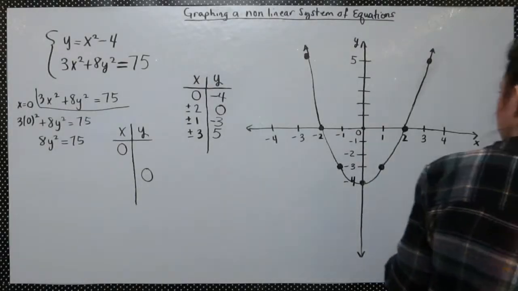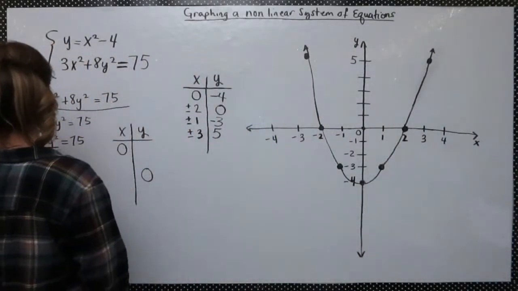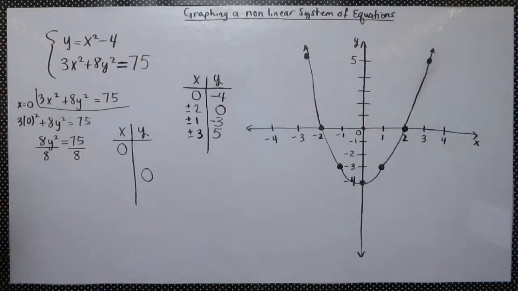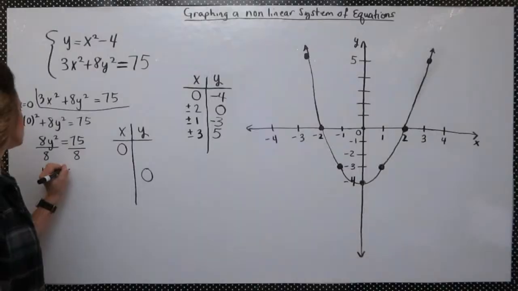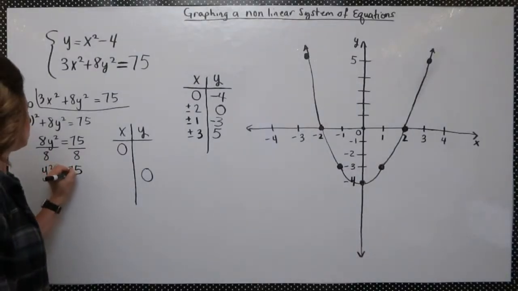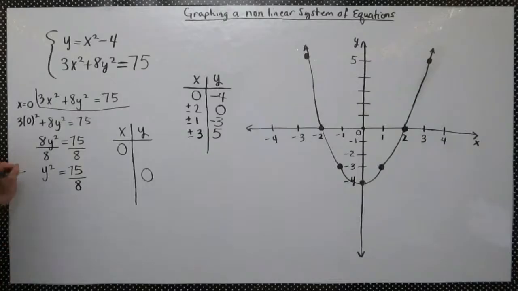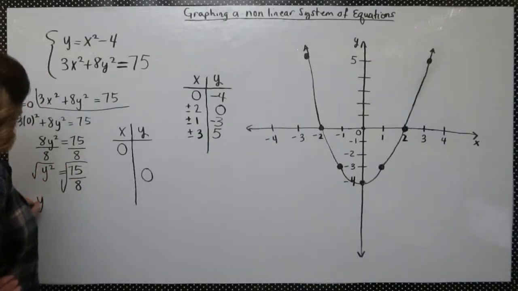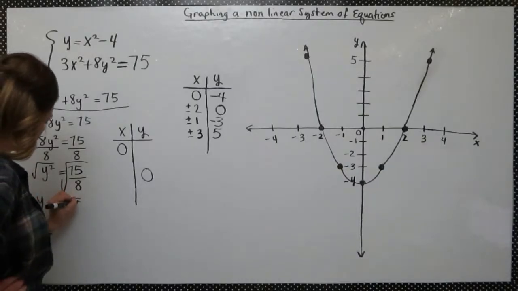It doesn't, that's okay. So we're going to divide off the 8 from 75, and we're going to get y squared equals 75 divided by 8. And then you're going to take the square root to solve for y. That's going to give you y equals plus or minus radical 75 divided by radical 8.